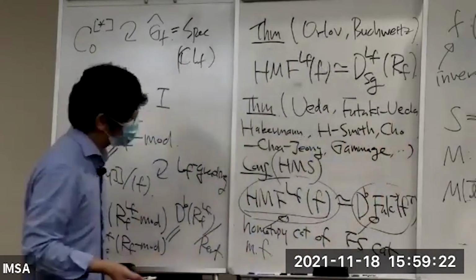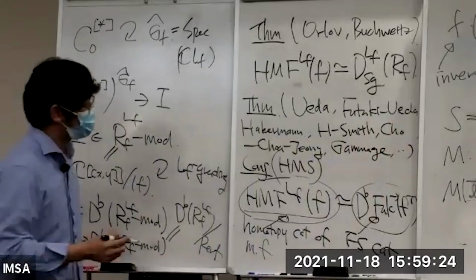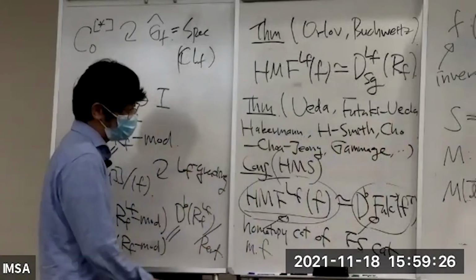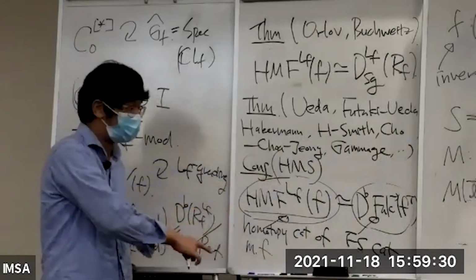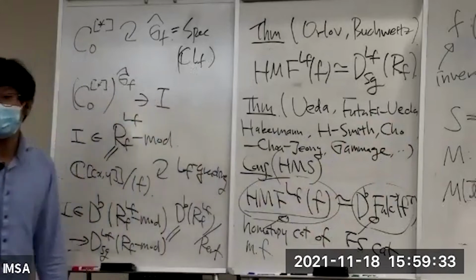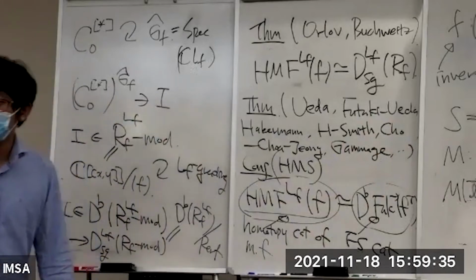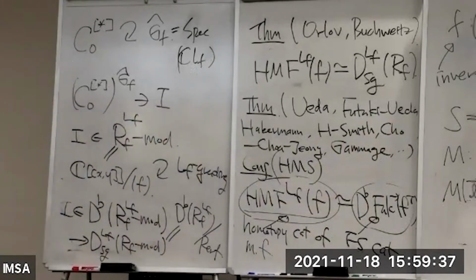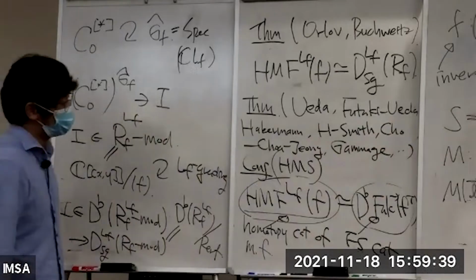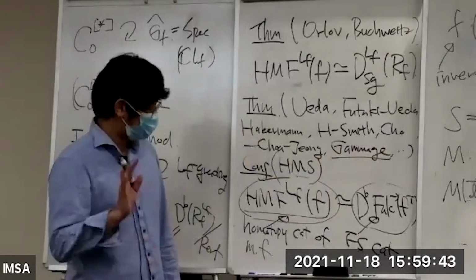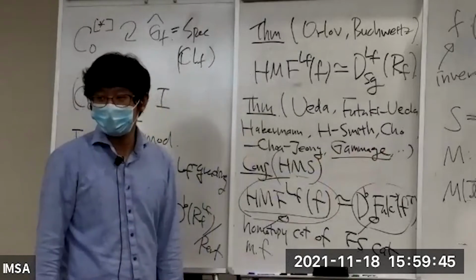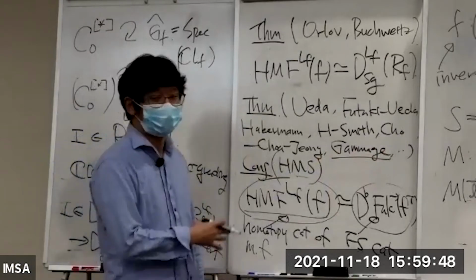There are really many works in this direction, and in any case, at least for the toric case, this is true. This matrix factorization category is equivalent to this quasi category. Okay, so it's hard to work in higher dimensional cases, I think, but I haven't checked this paper carefully.